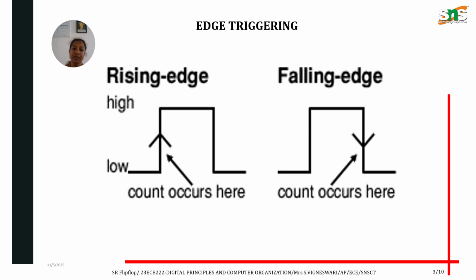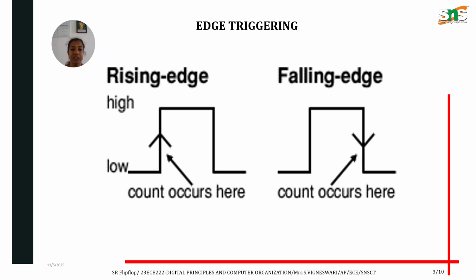As I previously said, a flip-flop will be triggered on the clock pulse given, right? That clock pulse could be edge triggering, which means when it starts to rise from low to high, the count will start to occur. We say that as a rising edge, and the falling edge is vice versa, when it starts to dip from high to low.